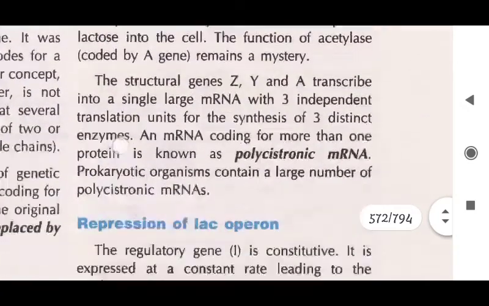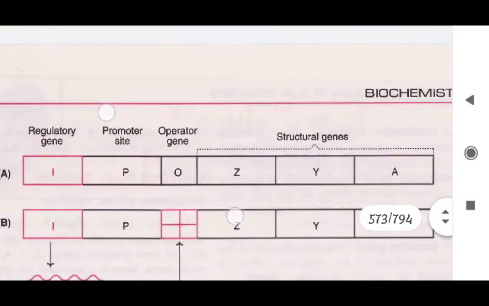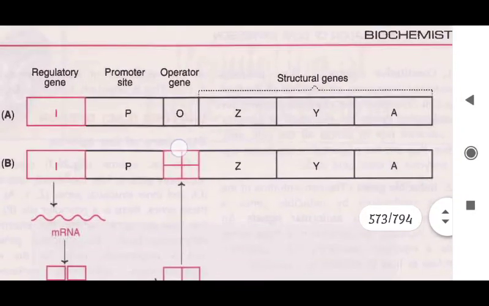Now I want to show you the figure of this lac operon. This is the figure of the lac operon, where you can see I refers to the regulatory gene located somewhere upstream. It is not located right next to the promoter.